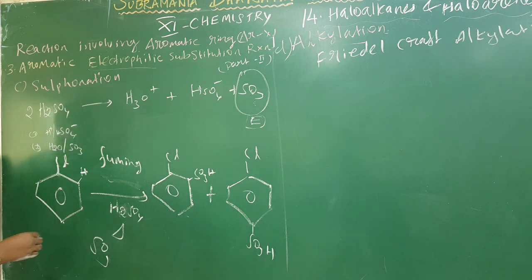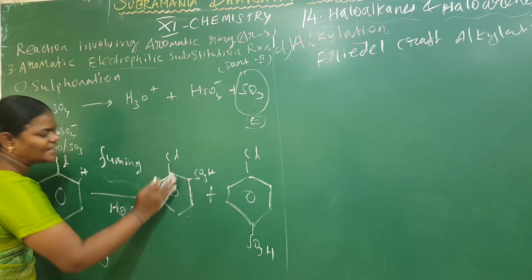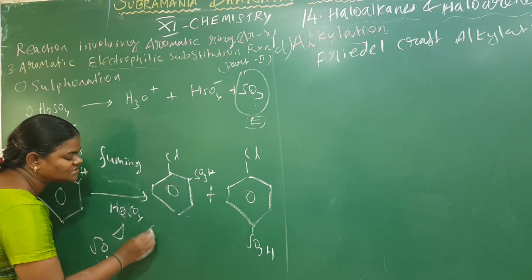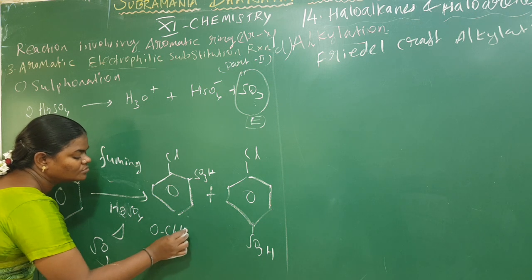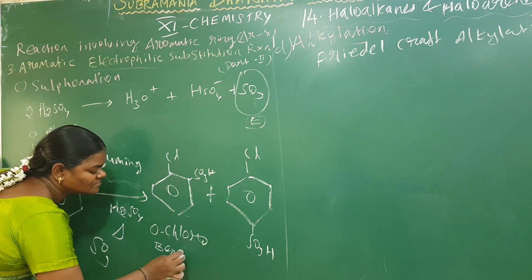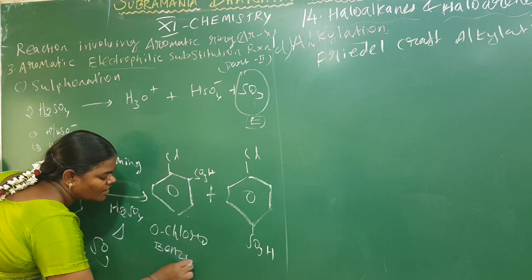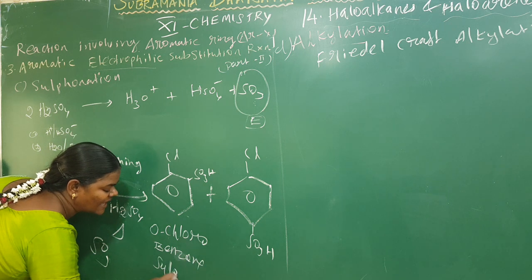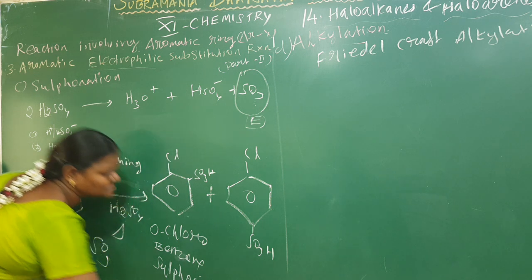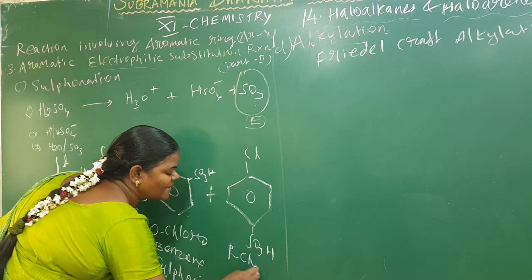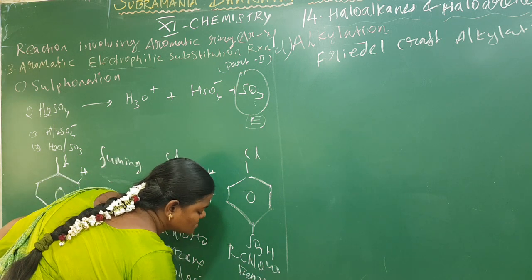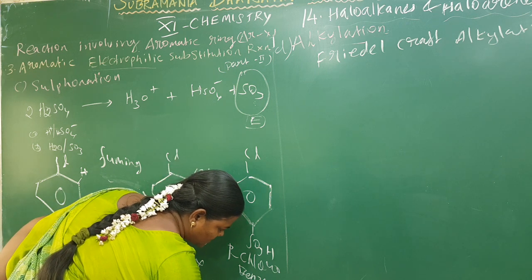In these products, what is the name of the compound? This is the ortho position, this is the para position. So this is orthochlorobenzene sulfonic acid, and this is parachlorobenzene sulfonic acid.